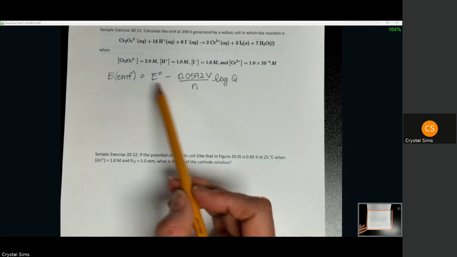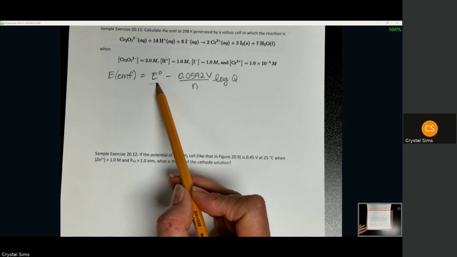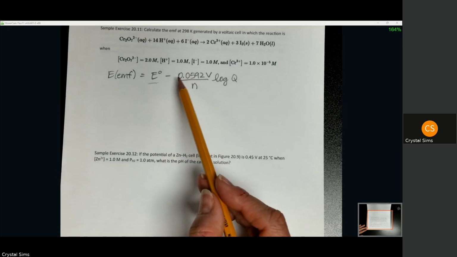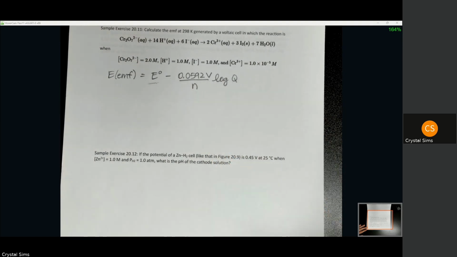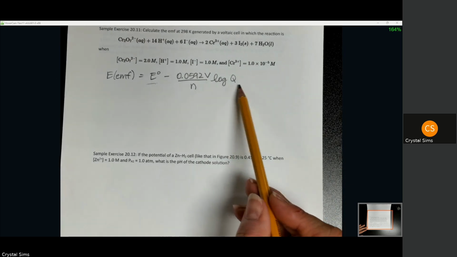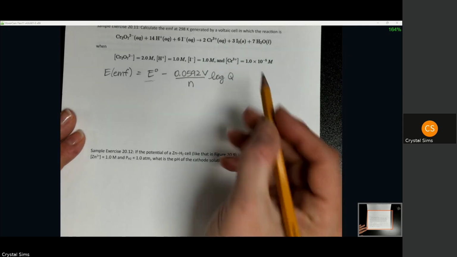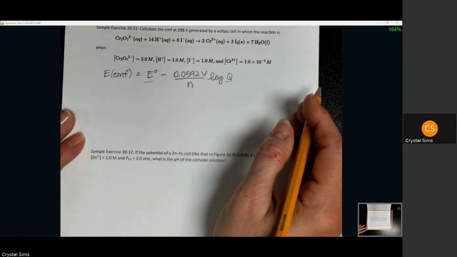So we've got our standard cell potential minus 0.0592 volts divided by N, which is going to be our electrons. And then log Q, and Q is our reaction quotient that we looked at back in chapter 19. So the first thing I need to do is solve for Q.